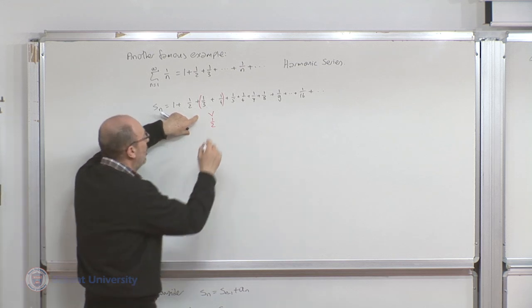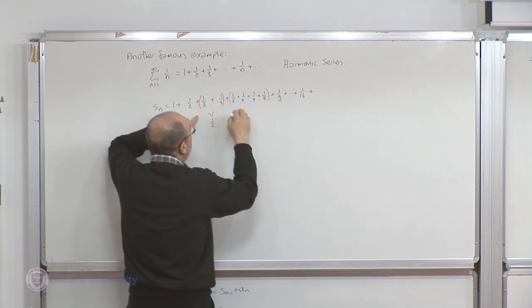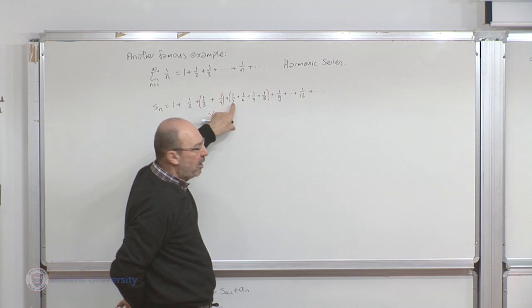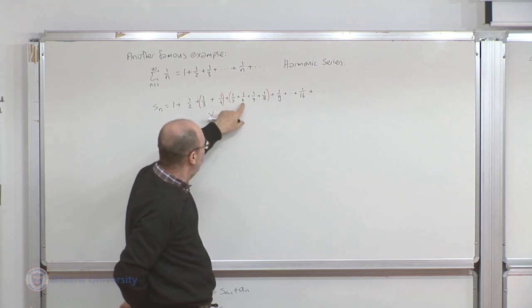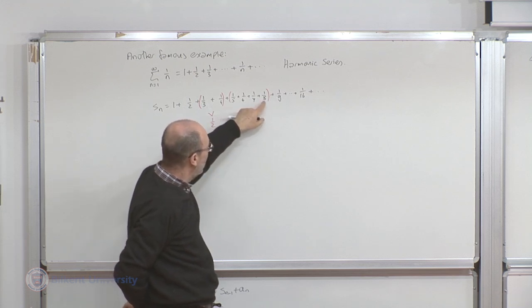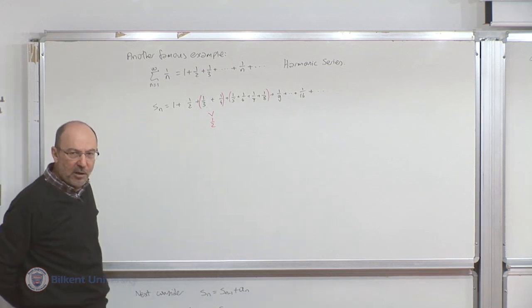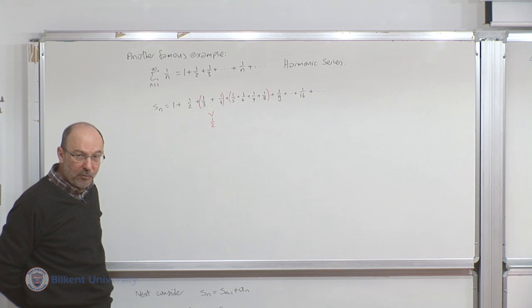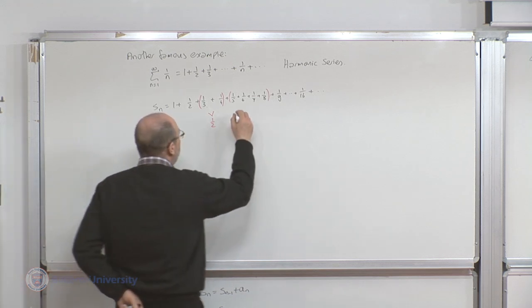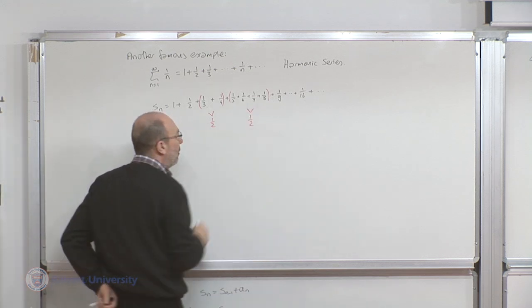Now I look at this thing. This is larger than 1 over 8, this is larger than 1 over 8, larger than 1 over 8, equal to 1 over 8. So you have four terms which are larger than or equal to 1 over 8. So the whole thing is larger than 1 over 2.